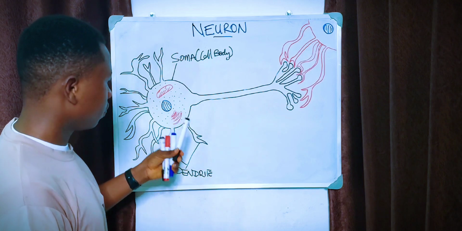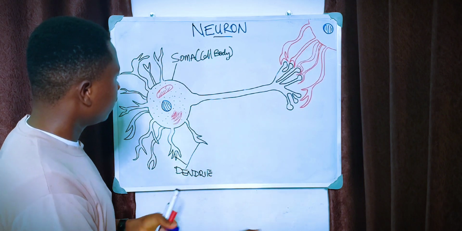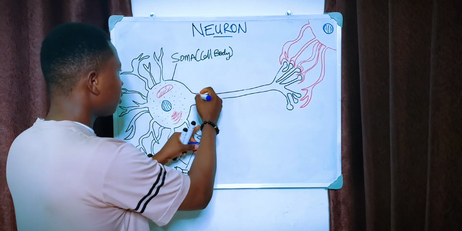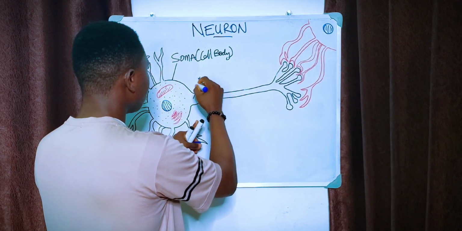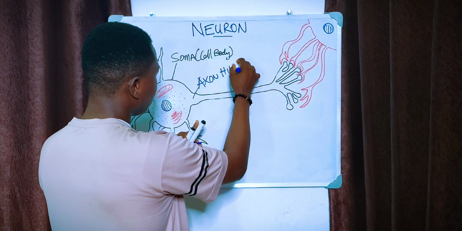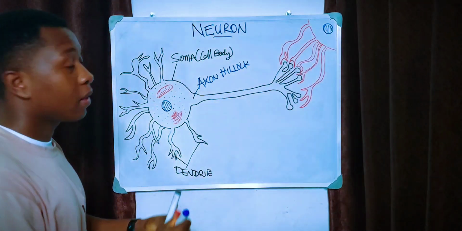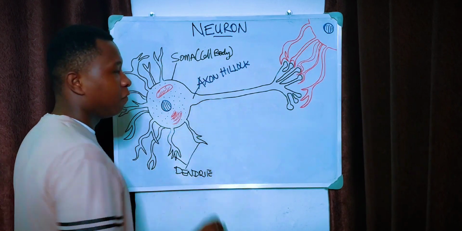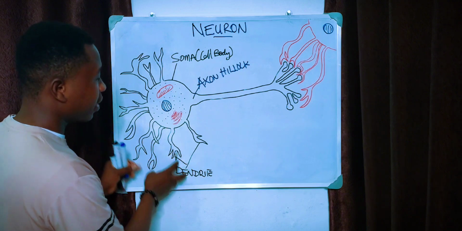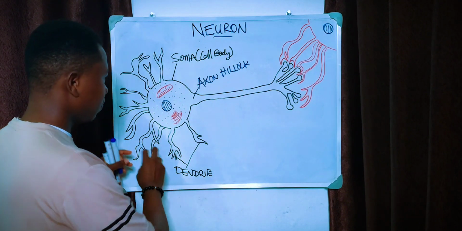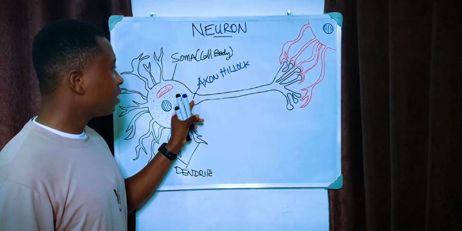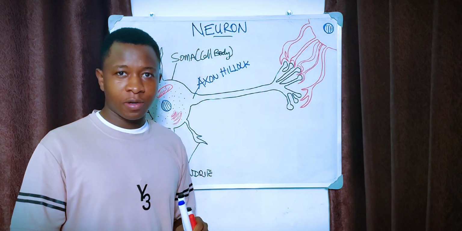Now, moving ahead, there is this part immediately after the cell body that is swollen a little. It is called the axon hillock. Now, this part is very important because when the dendrite receives a signal and it moves into the cell body, if that signal is strong enough, this part is going to generate what we call an action potential.